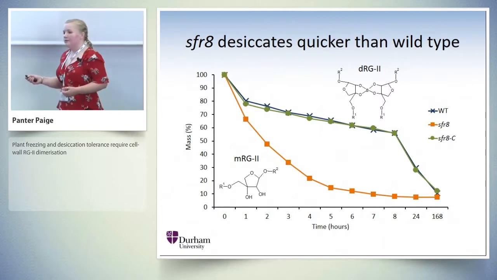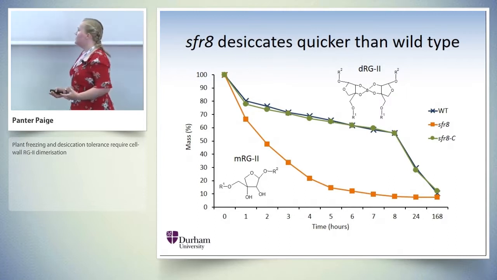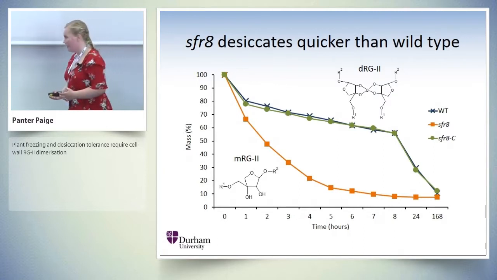Now this difference seemed to be too large to be just because of evaporation from the plant. So my hypothesis then was perhaps the loss of Rg2 dimerisation is having some kind of effect on stomata.